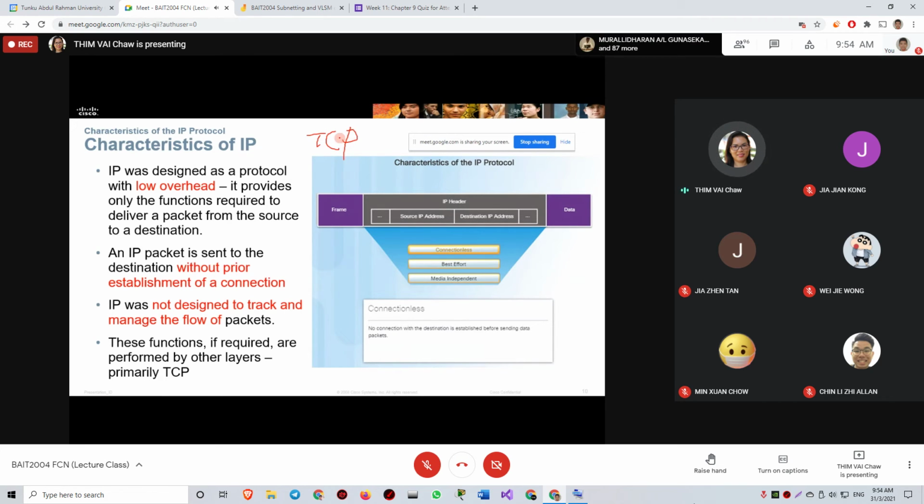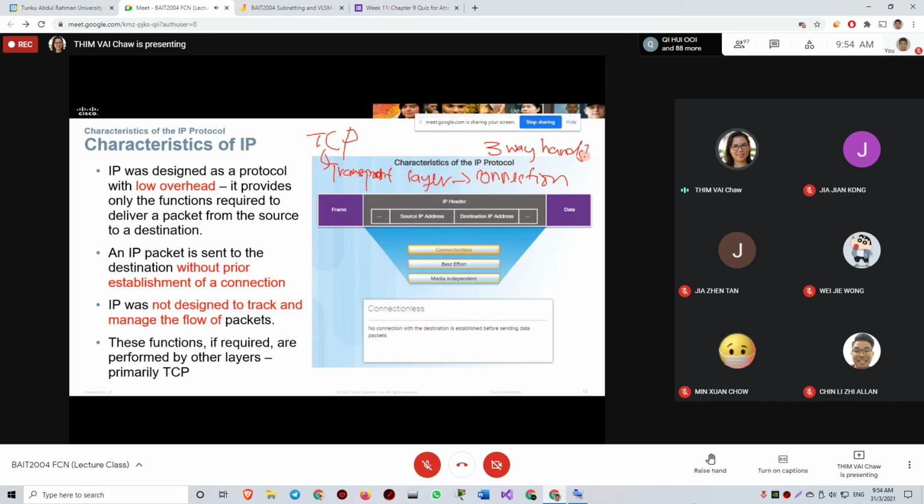This is the protocol that establishes the connection, using a three-way handshake. Therefore, the internet protocol does not need to consider establishing a connection. Under the network layer, they have this characteristic called connectionless.